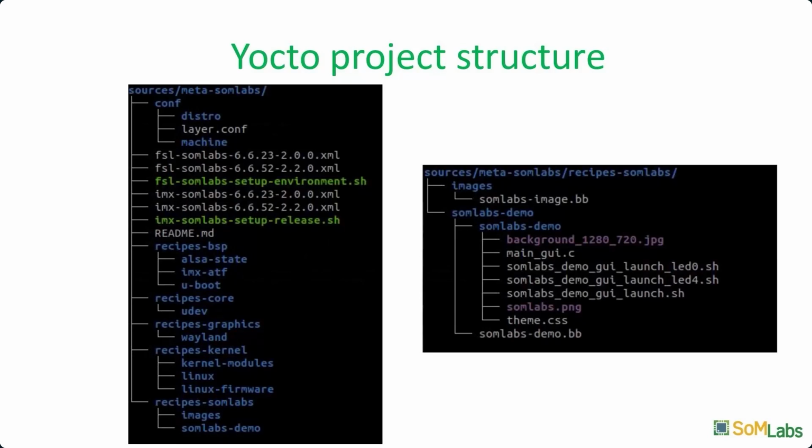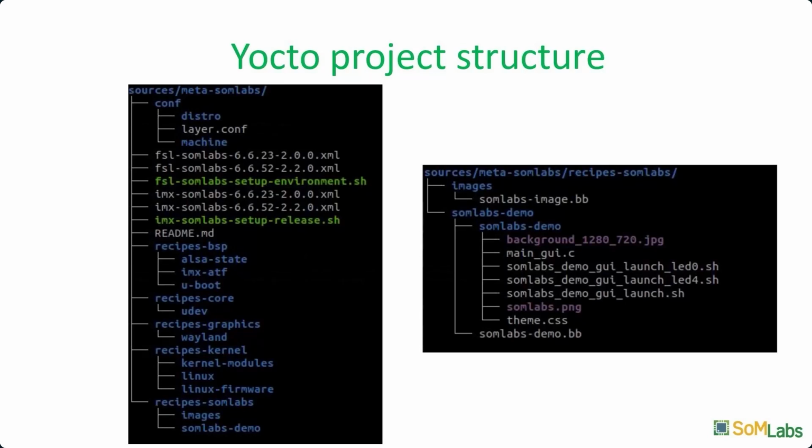So in the BB files, we have the full instruction of where to get the source code, how to build, and how to install them on the target platform. So we can have the source code provided within the meta layer, like here. All the source files for the compilation are already in the meta layer, but we can also download them from FTP, from a GitHub repository, or wherever we have the source code for our package.